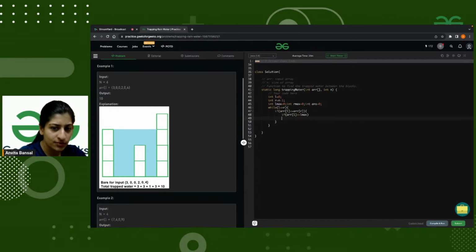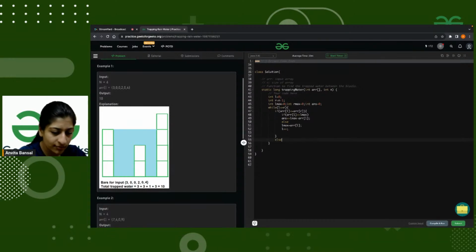And if you can store some water, you do answer plus equal to L max minus your own value ARR of L. If not, you will update your L max with ARR of L. That is the intuition. And then this should be else, and then you are doing L plus plus.